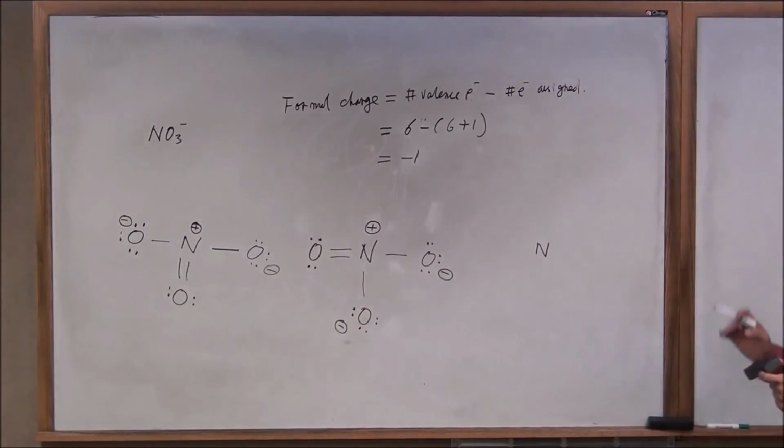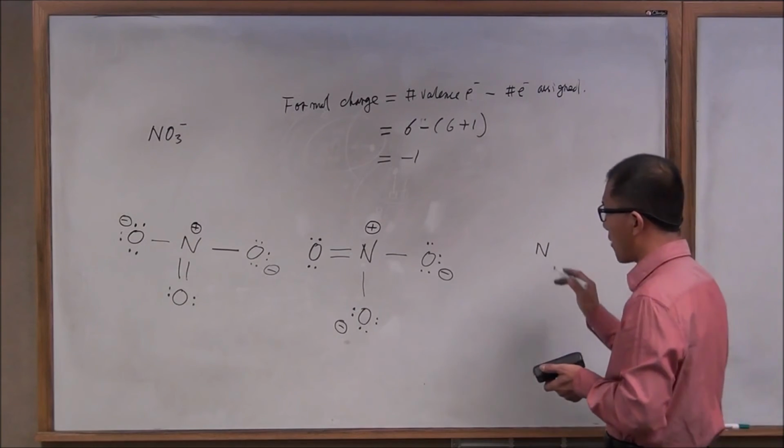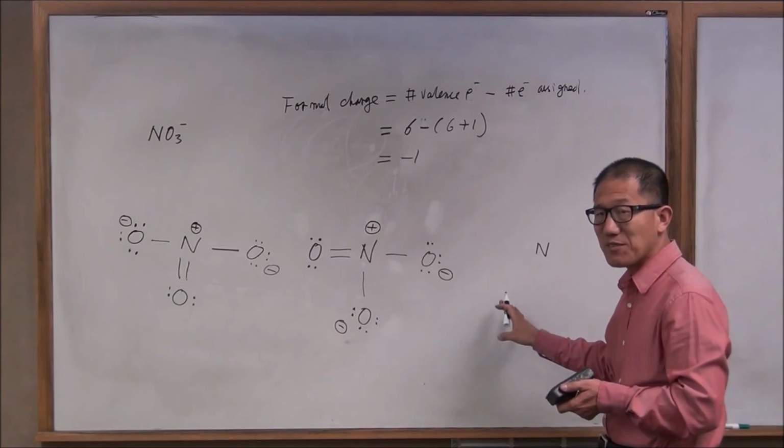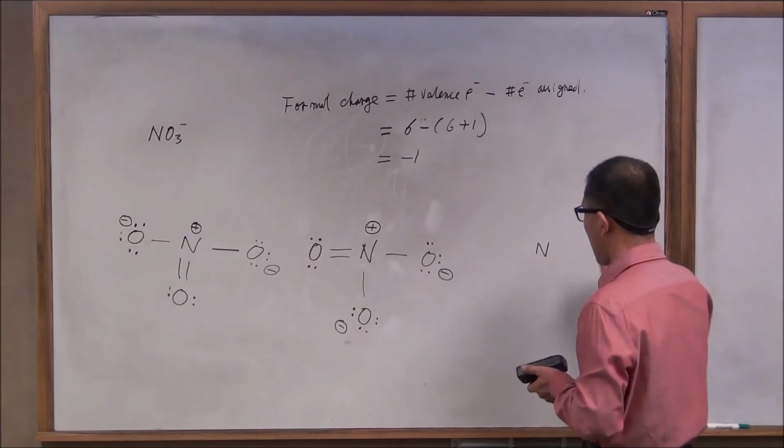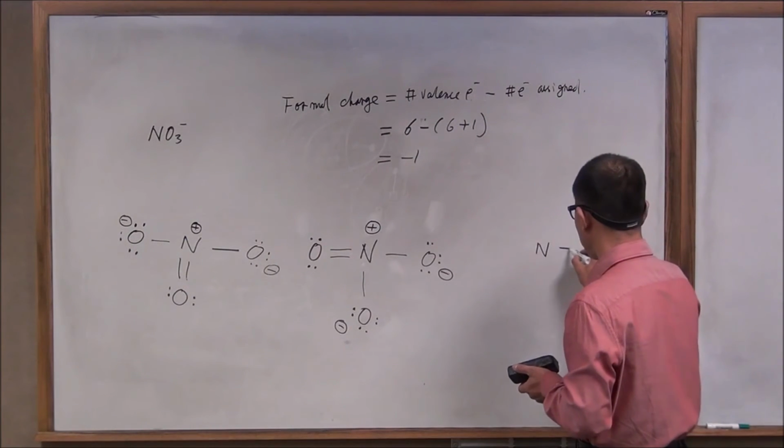And then we are going to write down the third resonance Lewis structure for nitrate ion. I'm not going to show all the detailed steps because it's all the same as what we did for this one. I just give you the final answer for this one.